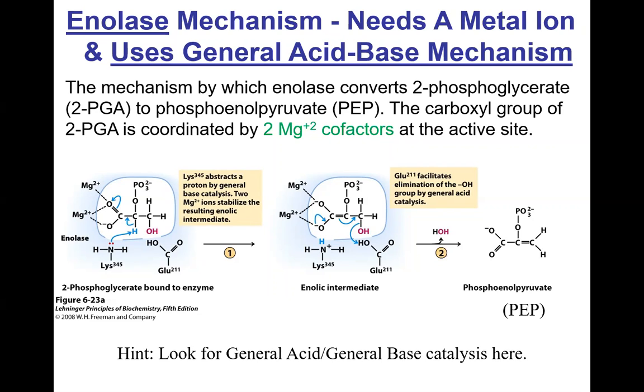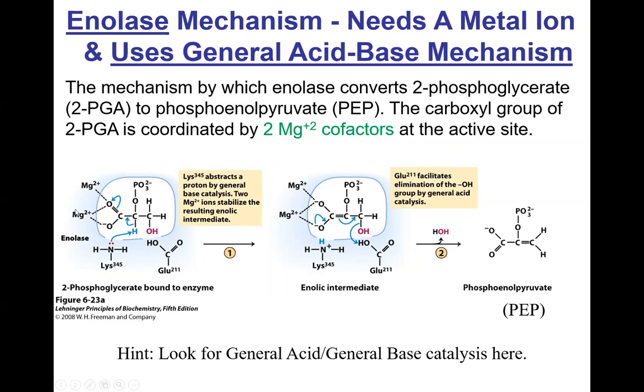It turns out that the active site of enolase is very interesting. It has several positively charged residues in the active site. One of them is shown here, lysine. Okay, several basic residues. So one is lysine 345, and the other one is glutamate 211.